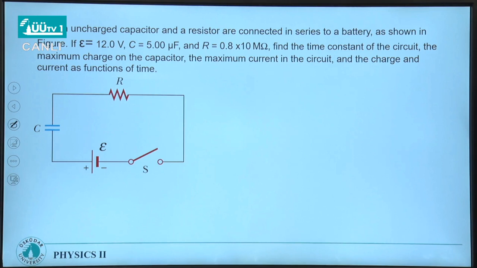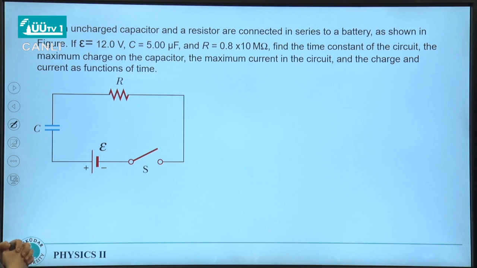Okay, finally we have an example. Let's solve it together. Let's read it first. An uncharged capacitor and resistor are connected in series to a battery as shown in the figure.